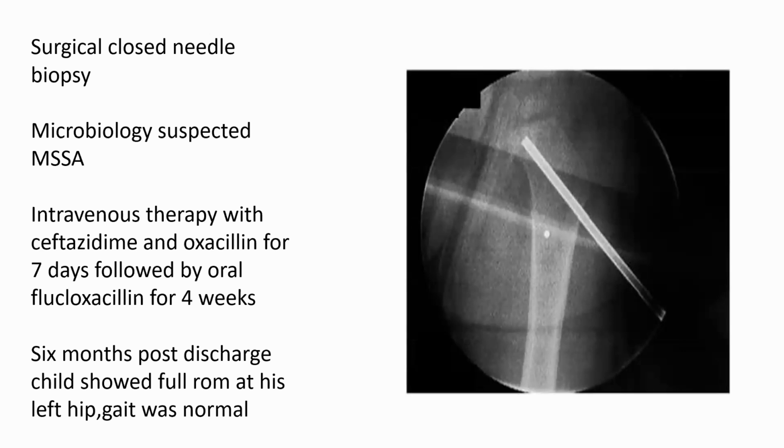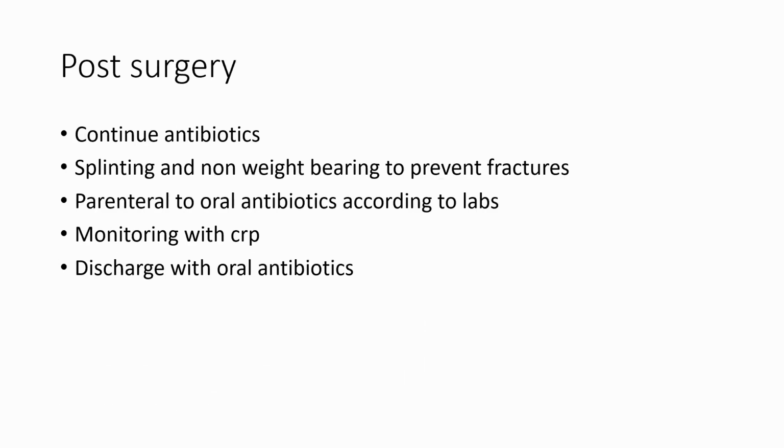So a closed needle biopsy was done surgically, and the microbiology came out to be methicillin sensitive Staphylococcus aureus. Therefore, intravenous therapy with ceftazidime and oxacillin for 7 days, followed by oral flucloxacillin for 4 weeks was given. And 6 months post discharge, the child showed full range of motion at his left hip, and the gait was normal.